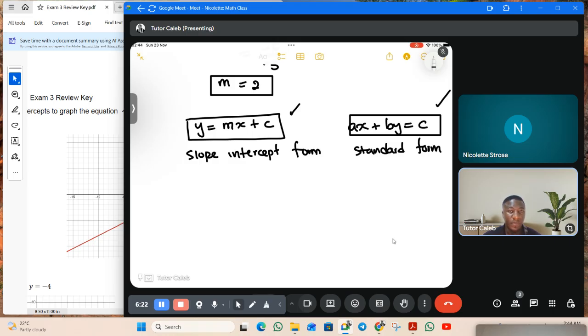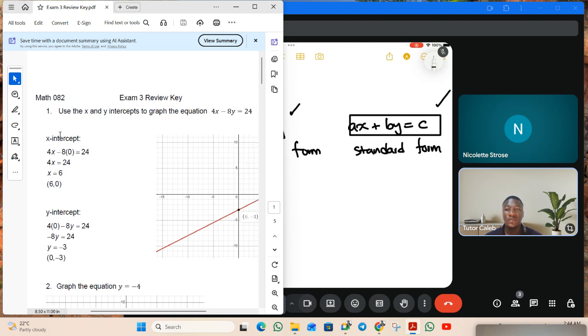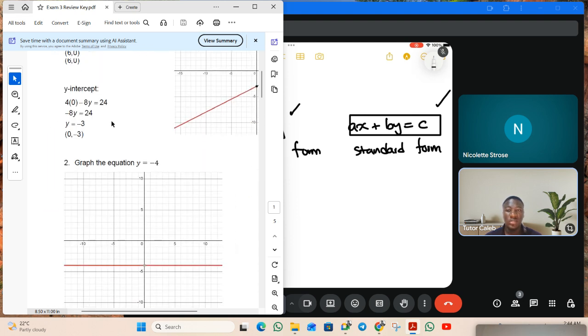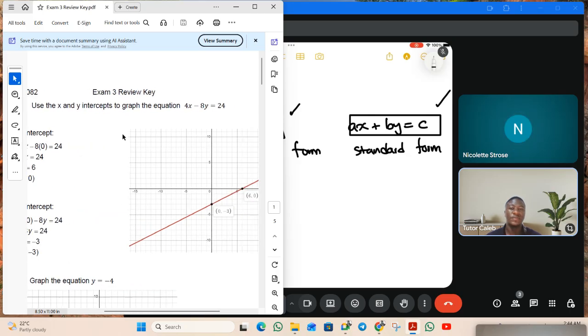Finding the intercept of a line from the equation of the line is what you see, for example, in the exam, in your review worksheet, question one. That question one is what we're doing right now.